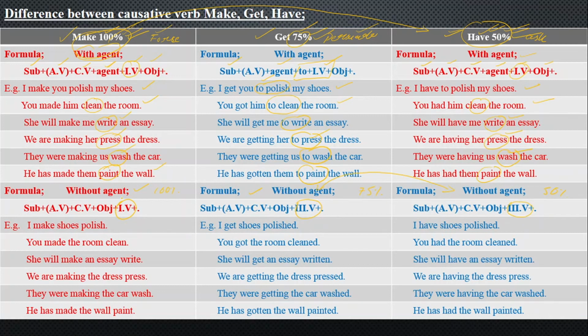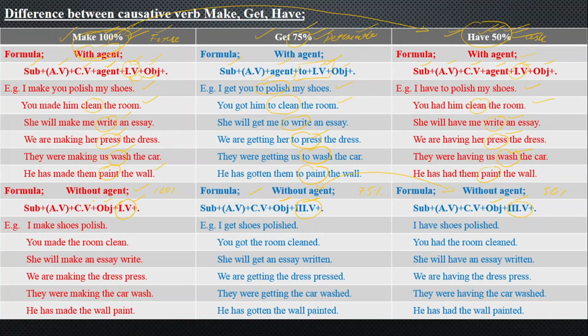Keep in your mind, when agent is present, it is verb then object, verb then object, verb then object. But when agent is removed, then the places shuffle, the places will be changed. Object, then verb, object, then verb, object, then verb.